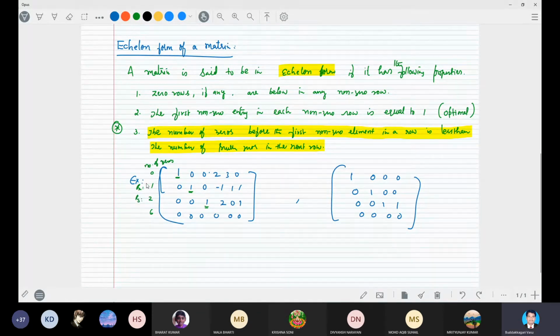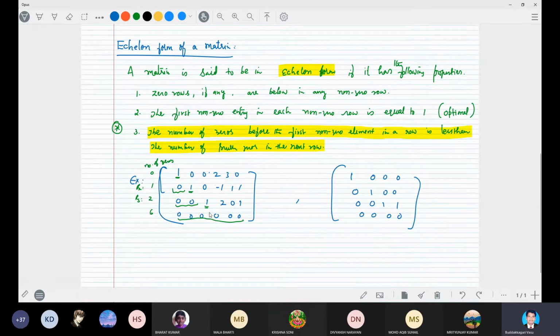So it's very clear that the previous row has fewer zeros than the next row, right? Hello students, are you following? So if the number of zeros keeps increasing, then the matrix is said to be in row echelon form.